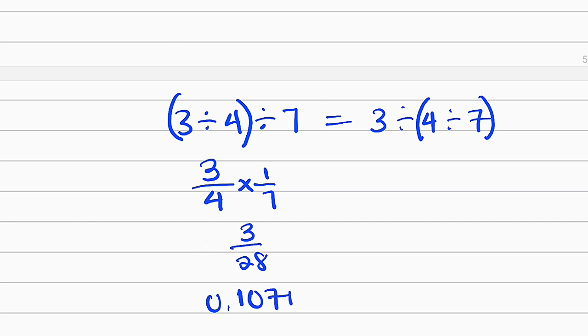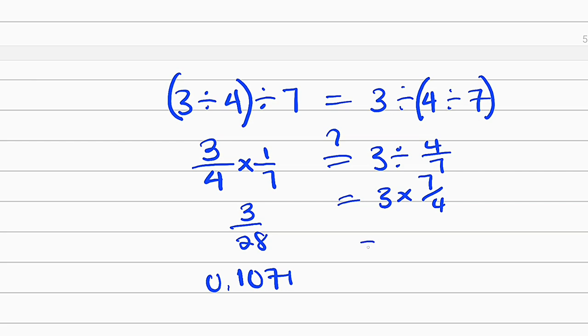Now let us move to the other side and simplify. Is this the same thing as 3 divided by, what is this? This is 4 divided by 7. We can rewrite it as 3 multiplied by 7/4, right? You change this to multiplication and take the reciprocal of this. And this is equal to 3 times 7, which is 21, divided by 4.